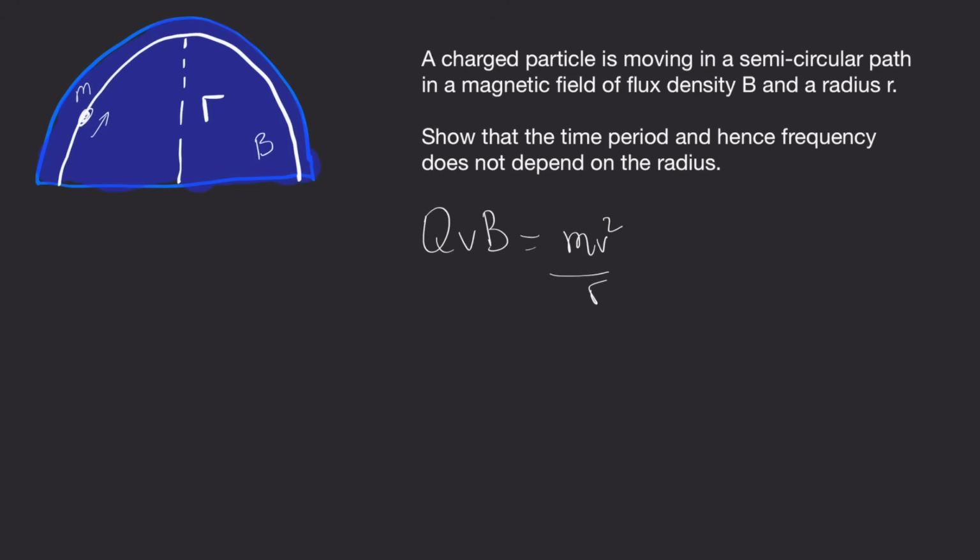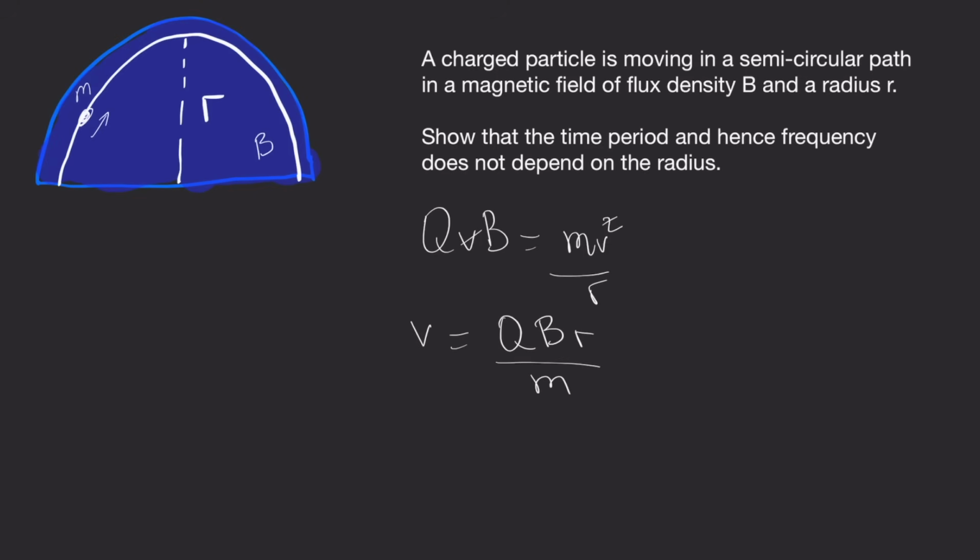So we can cancel out the v's across here, and then what we're going to get is that v will be QB multiplied by r divided by m.